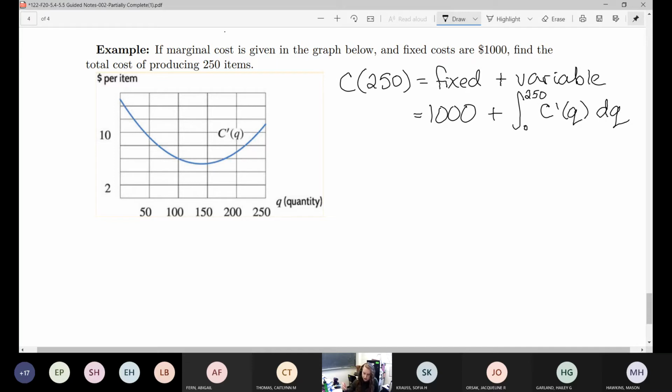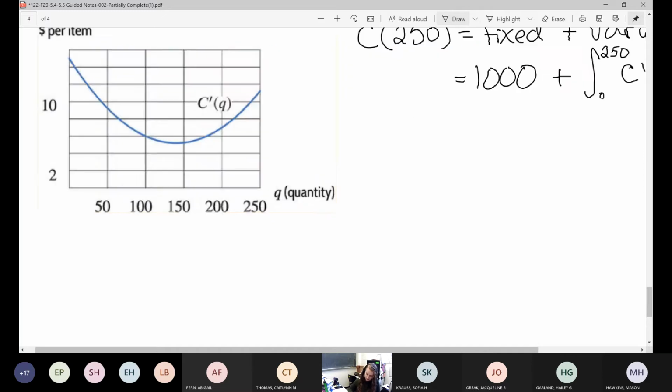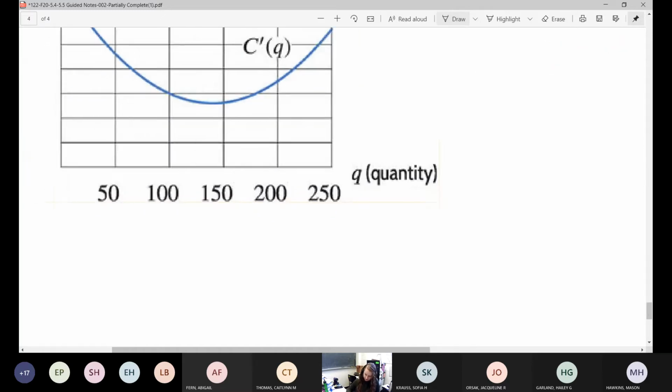Now here, we could technically do a Riemann sum. We would probably want to do a right hand and a left hand and then average them. It would be a little gross because we'd have to be estimating those y values. But instead, let's go and use that counting boxes technique. So let me zoom in on this a little bit.